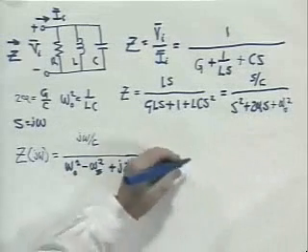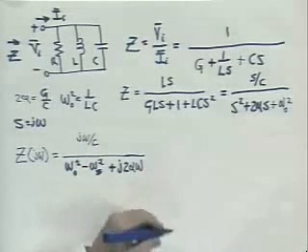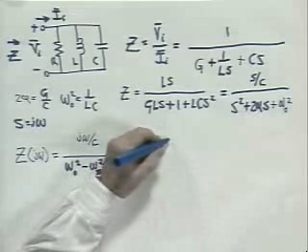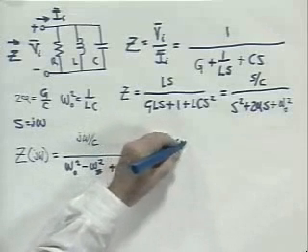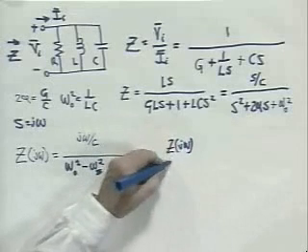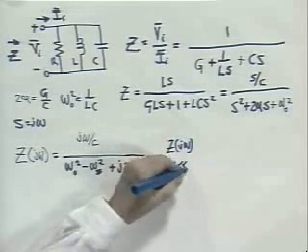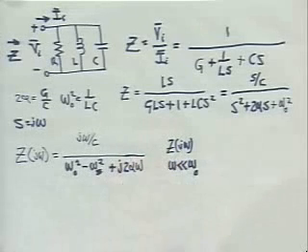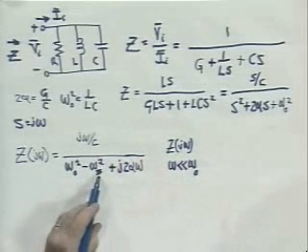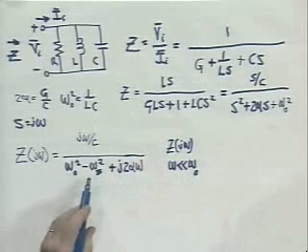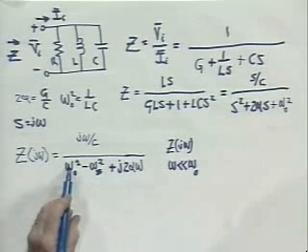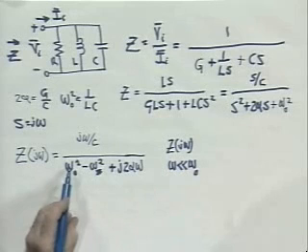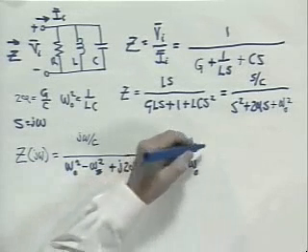There are three frequency ranges in which we would like to look at this. Let's look at Z of j omega when omega is much, much less than omega naught. If omega is much, much less than omega naught, the omega squared term is negligible compared to the omega naught squared term.